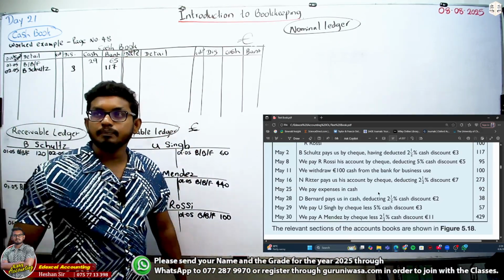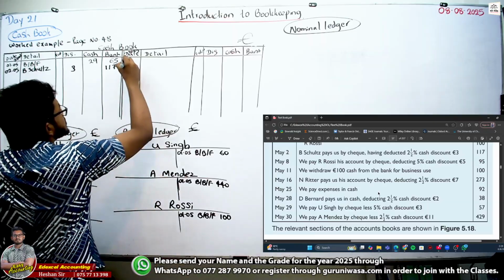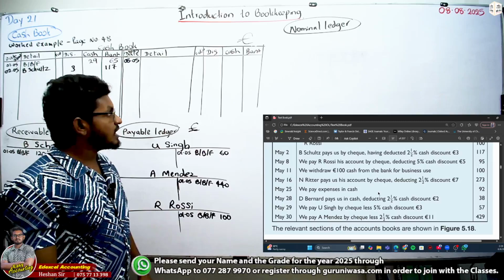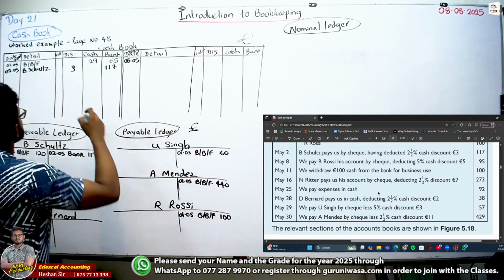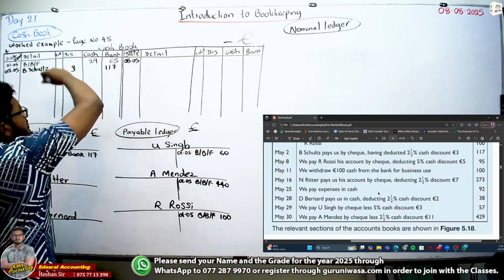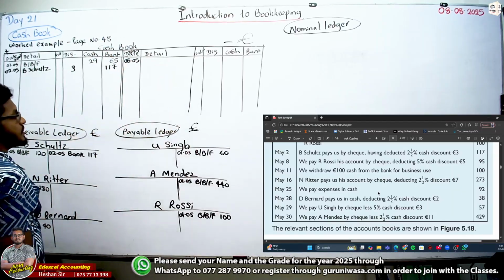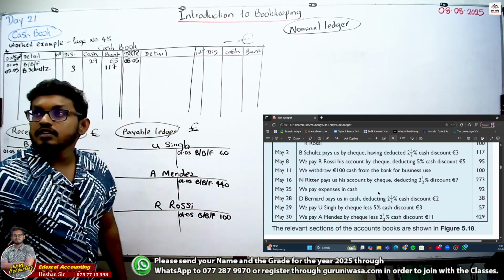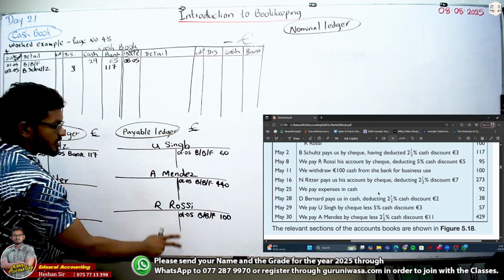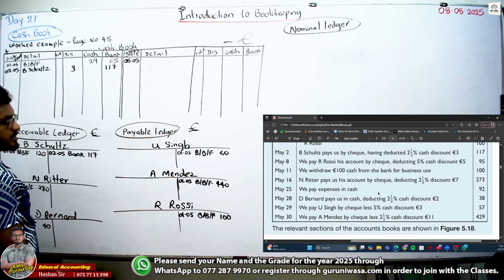May 8, we pay. When we are paying, our cash book credit balance decreases. That's why in the cash book there is the increase side and the decrease side. Though this is a book of original entry, it is considered a ledger account as well, right? So to whom? R Rossi. R Rossi should be a trade payable, right?